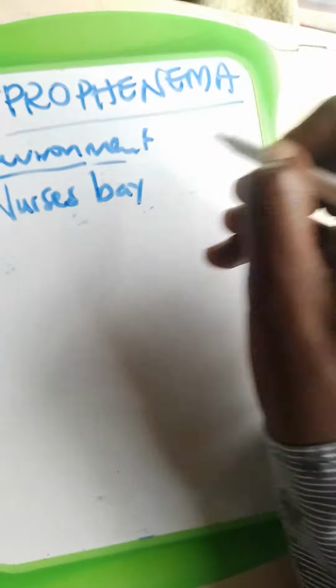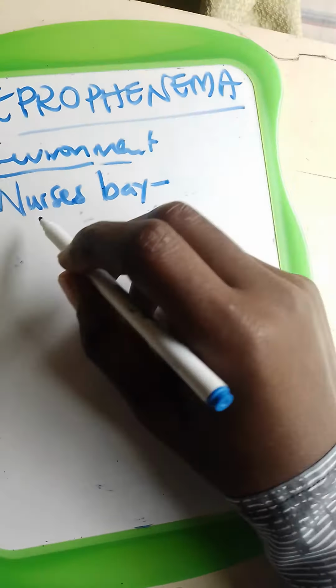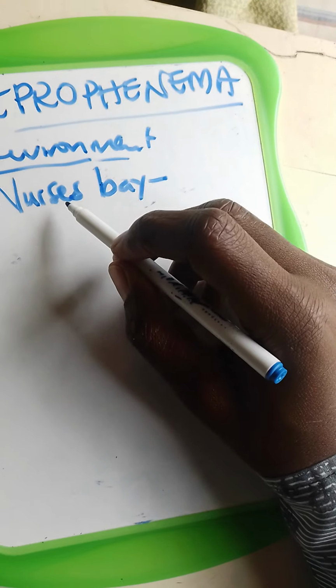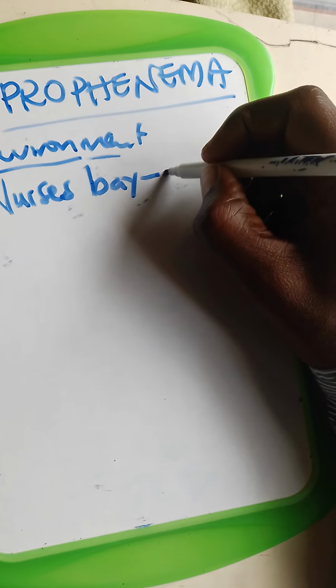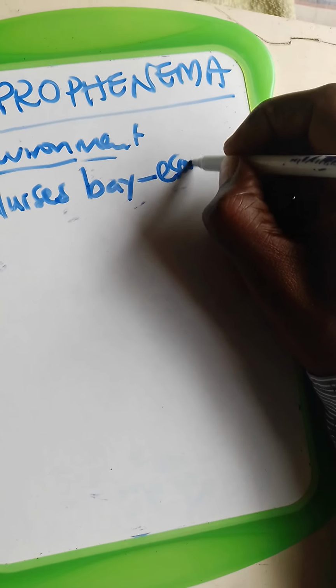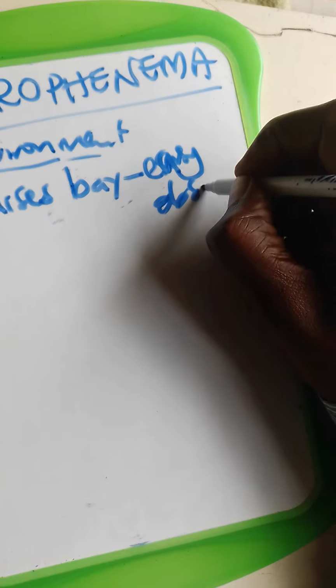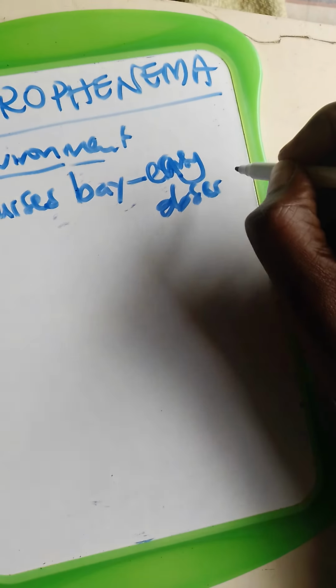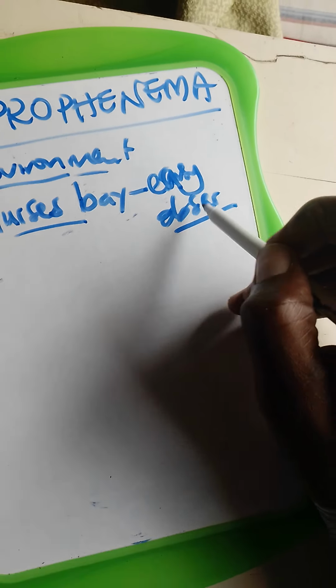If you're nursing a patient near the nurse's bay, what should be the possible rationale? You nurse the patient near the nurse's bay because you want easy observation.